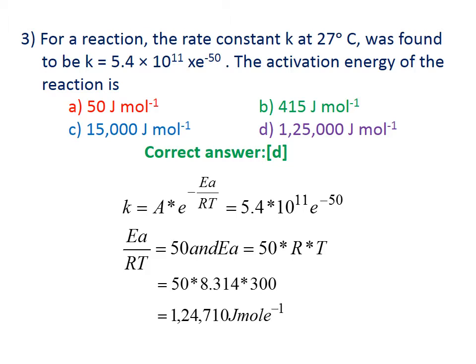Therefore, 50 is multiplied by 8.314 into 300. It gives 1,24,710 joules per mole. We are equating the rate constant value, from that we calculate the value of Ea by RT, and substitute the values of R and T. You will get Ea.